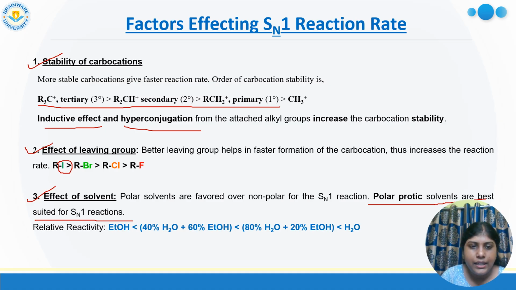You can see that in an ethanol-water mixture medium, with 40% water plus 60% ethanol, the reaction rate is higher than in 100% ethanol, and it is less than in 80% water and 20% ethanol. That means the dielectric constant increases here, so the reaction is favored in case of polar protic solvent.